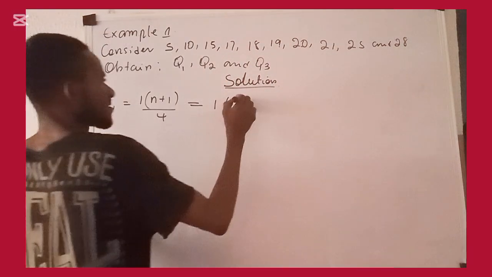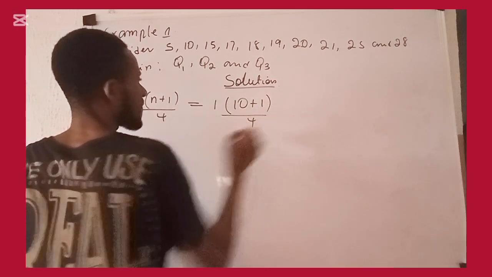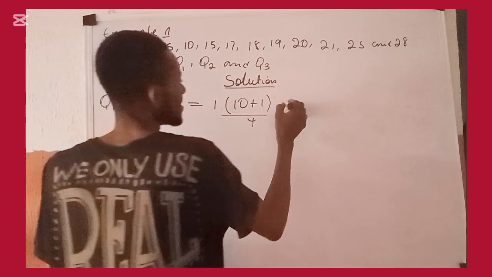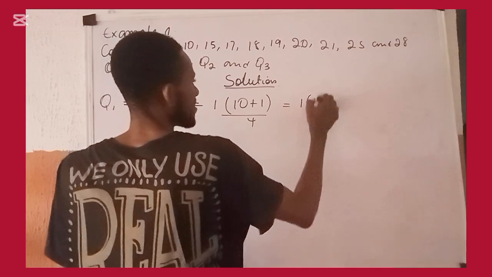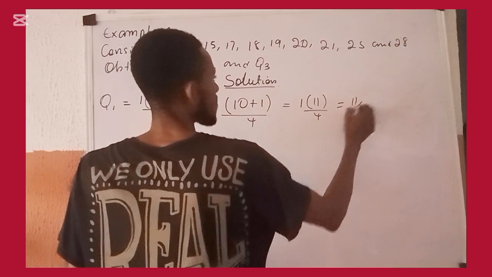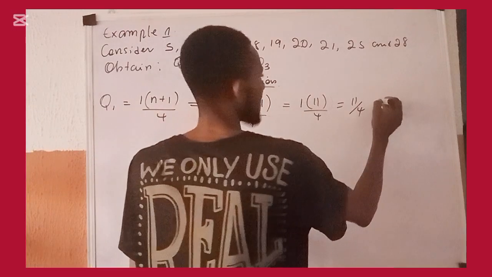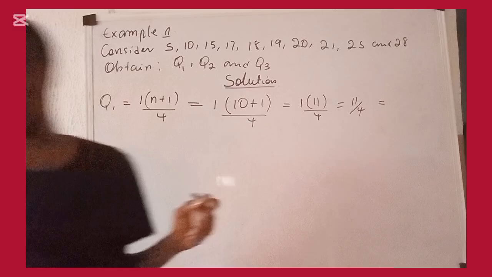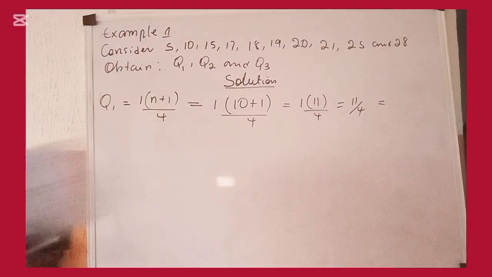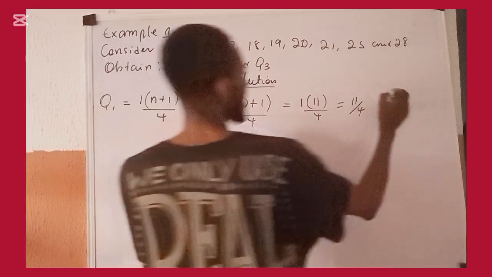So we have (10 plus 1) all over 4, which is 1 into 11 all over 4, which is 11 all over 4. If you divide 11 by 4, you get 2.75.